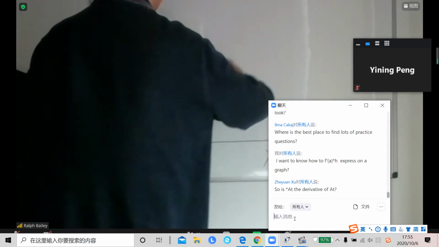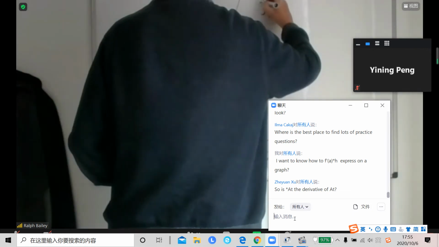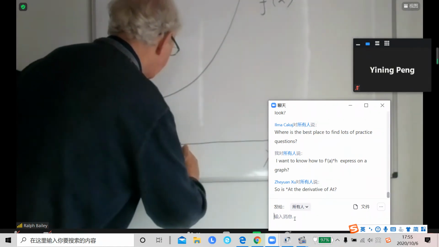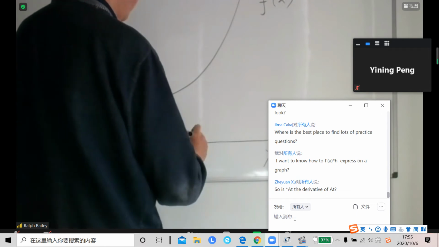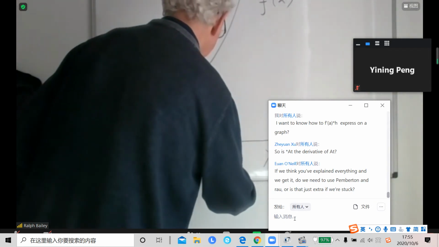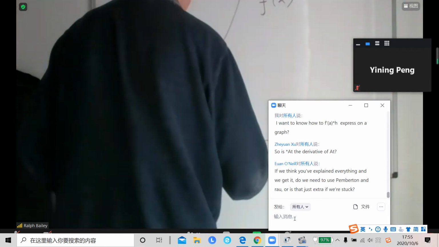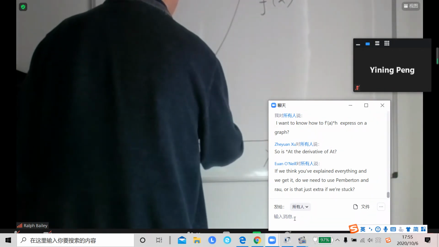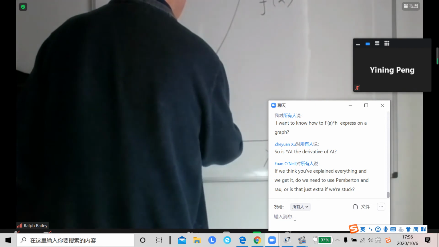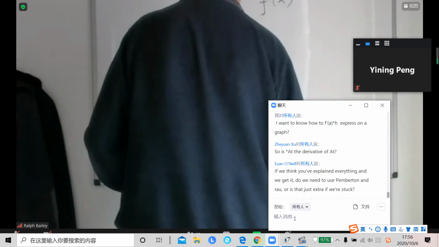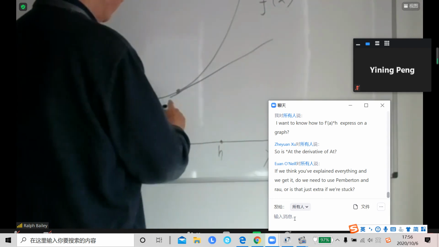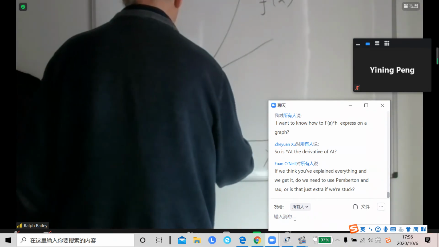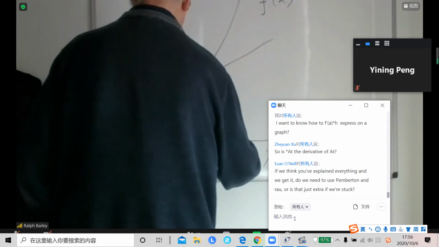Here we have our function f of x. Here we've got our point A. Here's our h. And this is our height f of a.